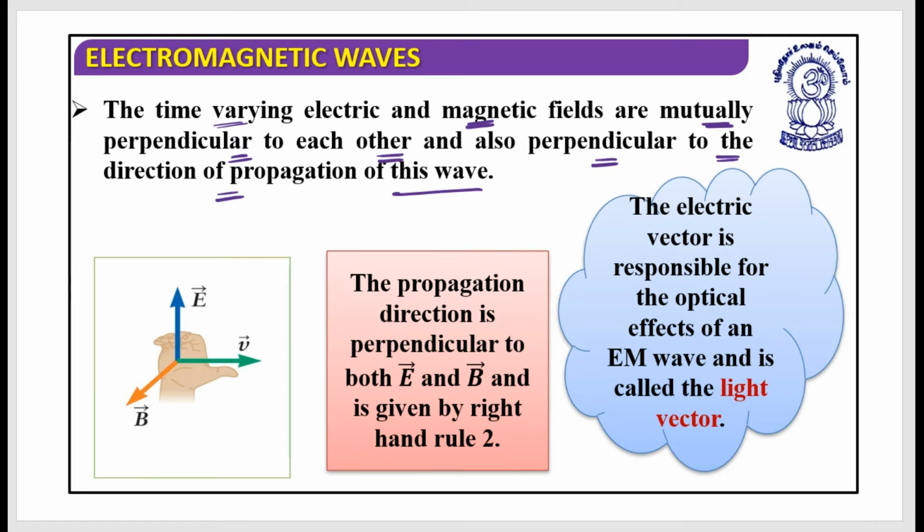These are also perpendicular to the direction of propagation of the wave. Please keep this in mind: the component of the electric field and the component of the magnetic field are mutually perpendicular to each other, and the direction of propagation is perpendicular to both E and B. That can be given by the right hand rule too.